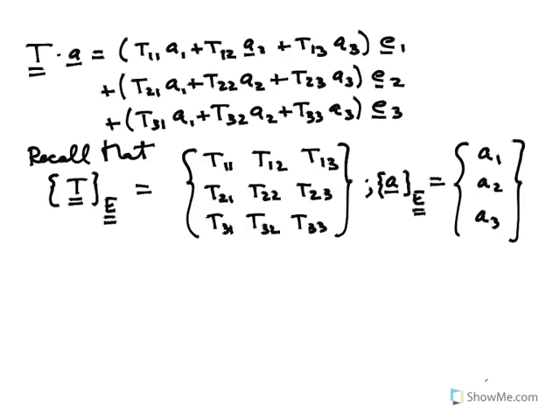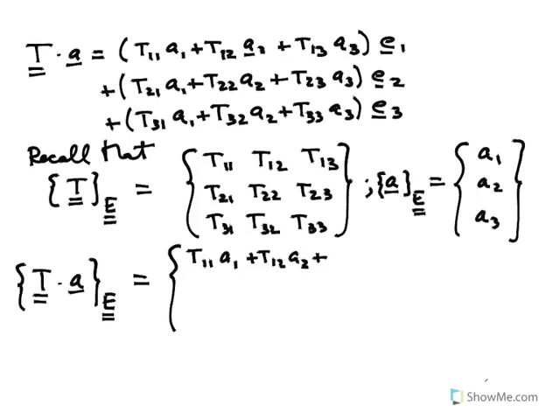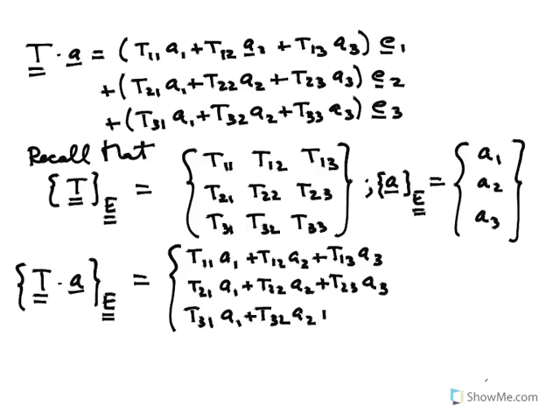So as a result, this operation, T applied to A, if I now express that in the basis E, I get the following: T11 A1 plus T12 A2 plus T13 A3, T21 A1 plus T22 A2 plus T23 A3, and then T31 A1 plus T32 A2 plus T33 A3.